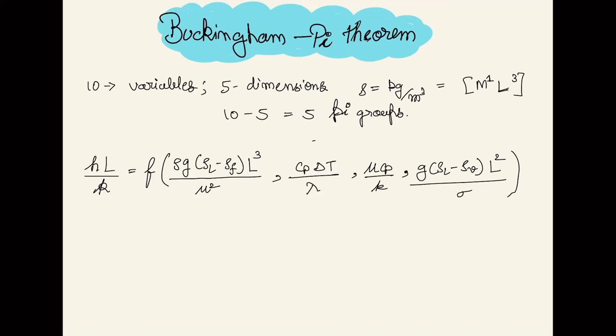So basically, these are the five groups that are formed, and we express one dimensionless group as a function of the other 4. This particular expression is the final governing equation, a single equation that relates all the variables of your process. Is this clear, guys?